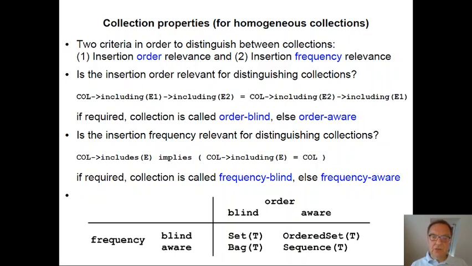Let me shortly jump back to this slide and emphasize again that these 2 criteria about insertion order and insertion frequency give the technical arguments that these 4 different collections are present.